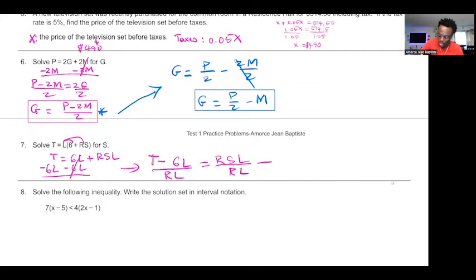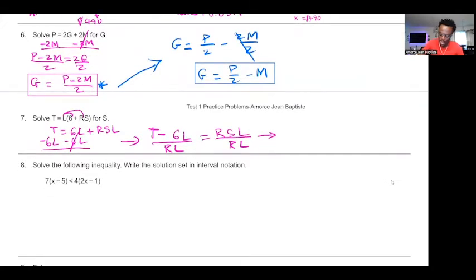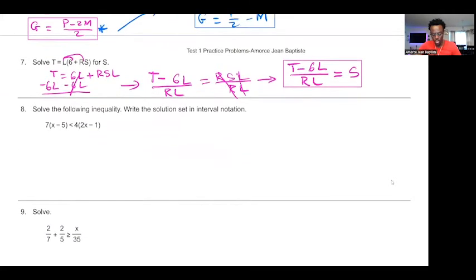And then that takes me to the answer that is T minus 6L over RL, or if you want to simplify, you can do as we did earlier, which I'm not going to even do now. But if you want to do it, of course, feel free to simplify, but keep in mind, I'm not responsible for any mistake you make on your way to get the most simplified answer.